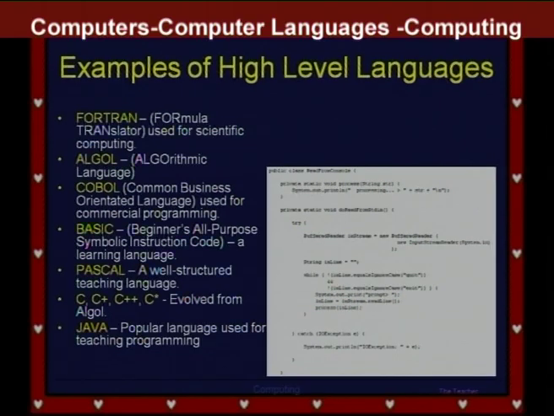Again, Java is a very popular language, used to develop a lot of websites or web applications. All these programming languages come under high level languages. Developer develops a program, and that program will be converted into machine language using compiler and interpreter. So these are the list of high level languages.